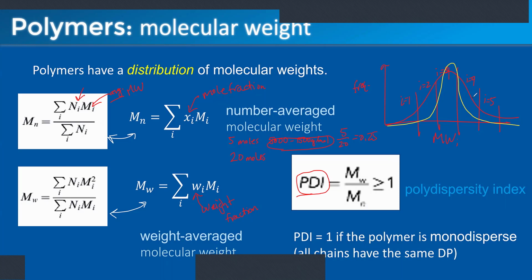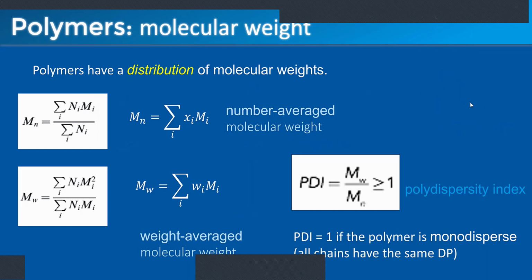The red polymer sample would have a higher polydispersity index, a higher PDI, because this curve is wider here. It's more polydisperse. By contrast, the yellow polymer population is more monodisperse. Just some terminology, some vocabulary that we use to describe polymers. It's a little bit tricky because they don't have a set molecular weight like you would talk about for a metal or a ceramic.